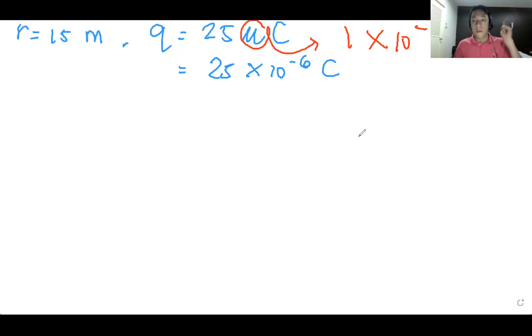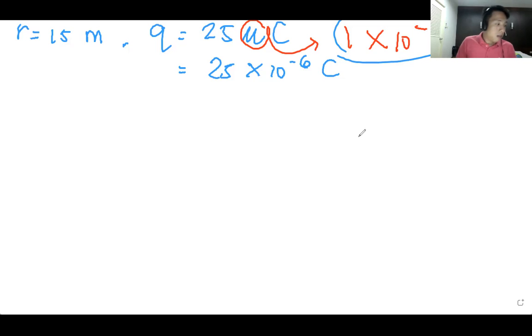Okay, remember, if your given has a micro, you need to apply this value first, the 1 multiplied by 10 raised to negative 6.